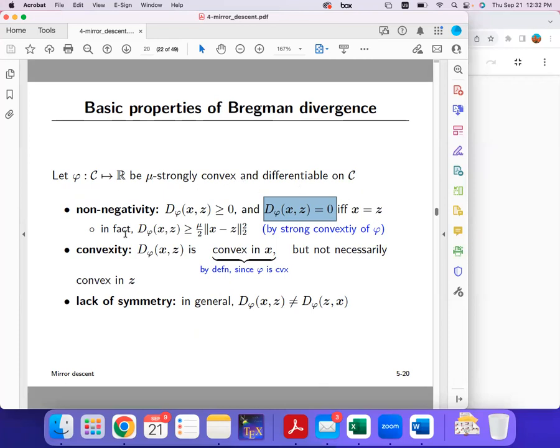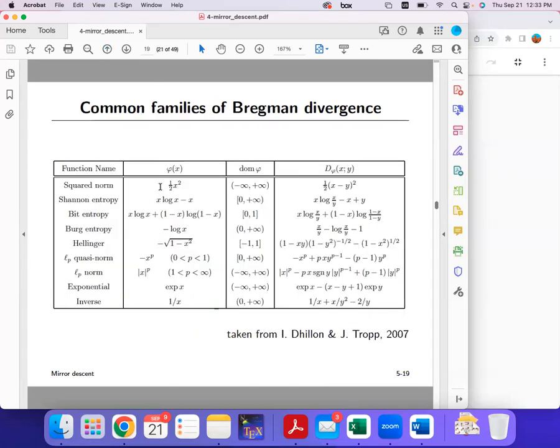Moreover, suppose phi is a mu strongly convex function, then such a divergence can be lower bounded by the Euclidean distance. For example, in the previous table, in the first example, this phi is 1 strongly convex, and therefore this distance is lower bounded by the Euclidean distance.